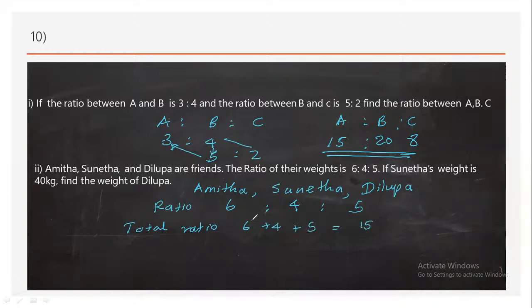Then Sunita's weight is 40 kilograms. Sunita is the middle one, right? Then we can write Sunita's part.